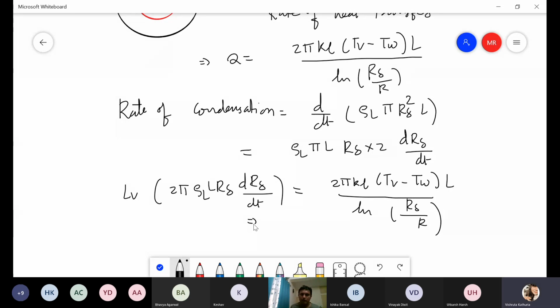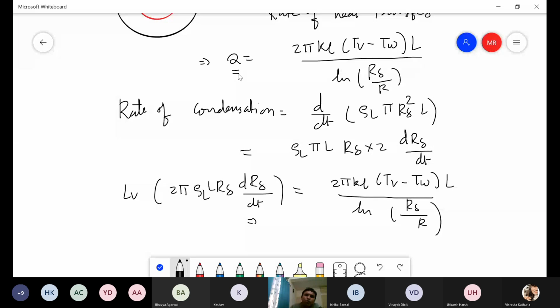Sir, can you please repeat that? Okay, which one are you saying? The pseudo steady state. Okay, so here if you look at this expression of Q, this is the rate of heat transfer at steady state, isn't it? Correct. This is coming from Fourier's law of heat conduction, so here we are assuming that the steady state has already been achieved.